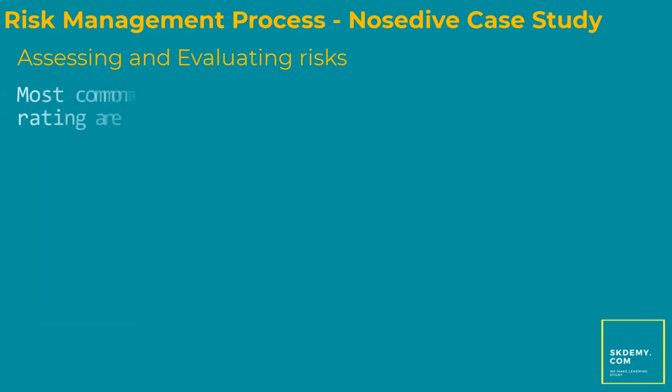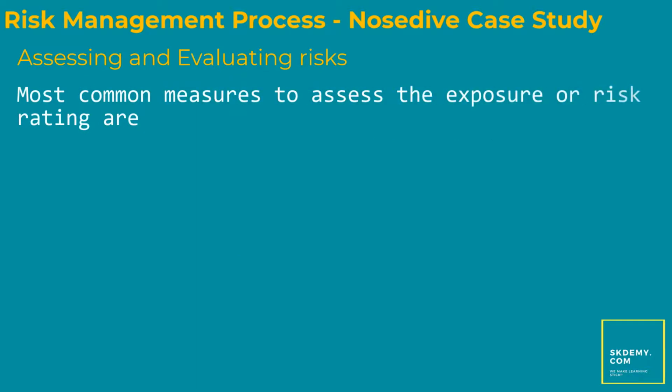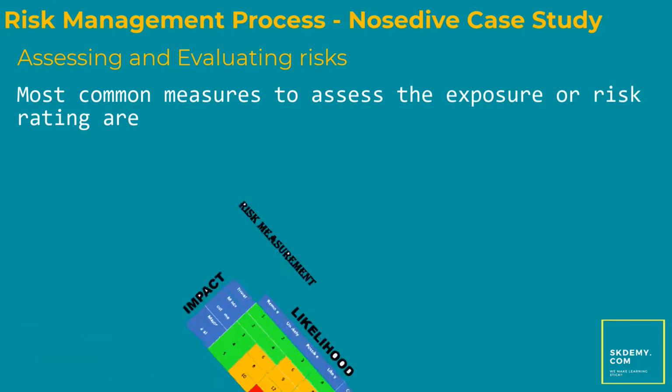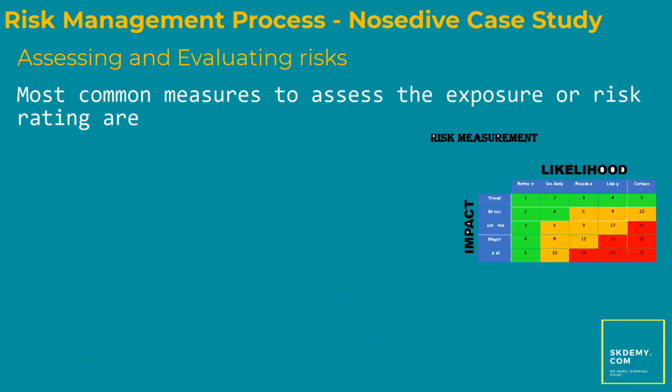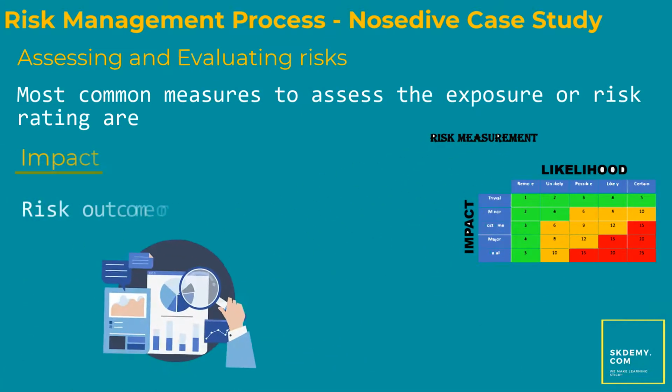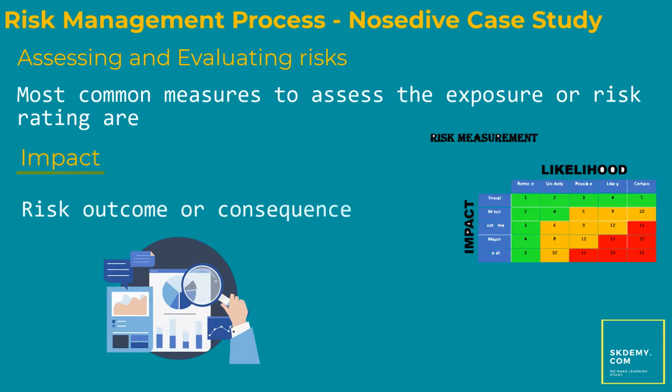As we discussed earlier, the most common measures to assess the exposure or risk rating are impact and likelihood. So impact, let's refresh, is the risk outcome or consequence. That is, a series of possible risk-related impacts can occur and it can be positive or negative.